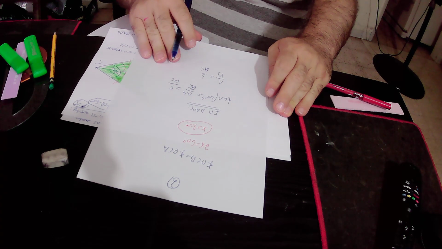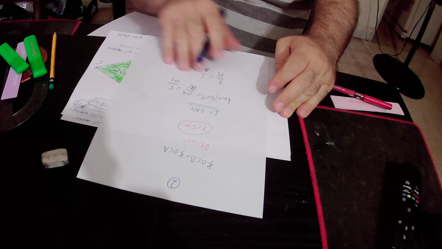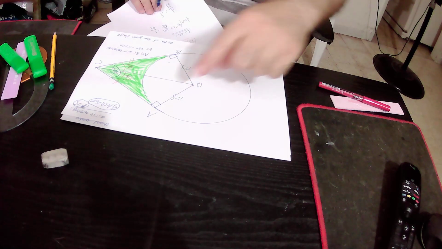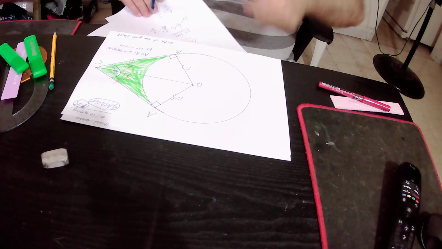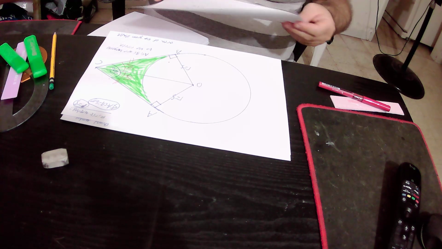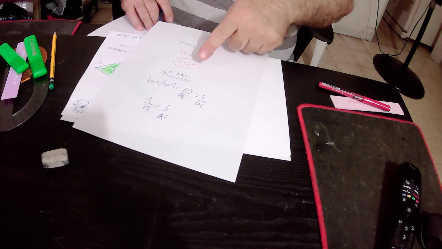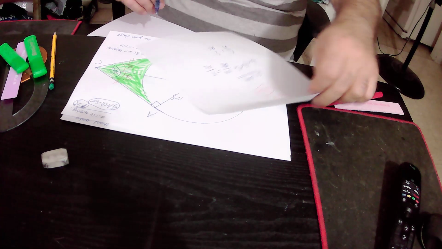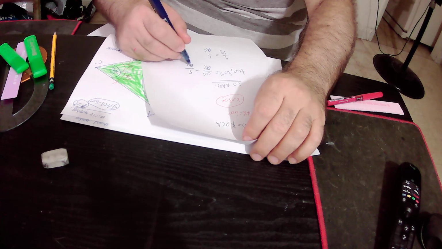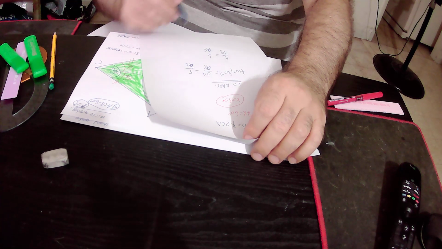Tangent 30 degrees equals OA over AC. Therefore, tangent 30 degrees equals 5 over AC.